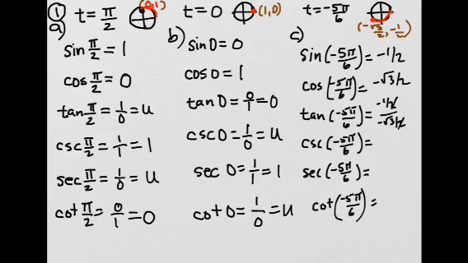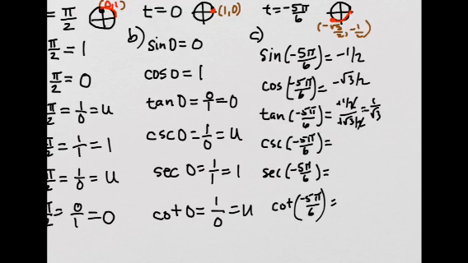The 2's reduce, the negatives become positive, and so you're left with 1 over radical 3, which when you rationalize, you multiply both top and bottom by radical 3, and you end up with radical 3 over 3 as your answer.